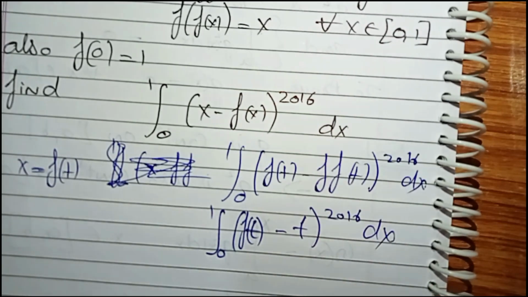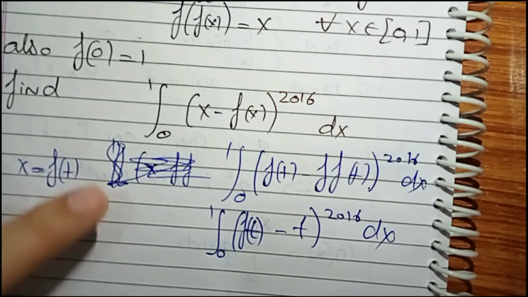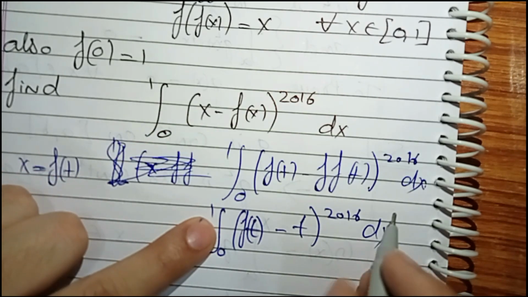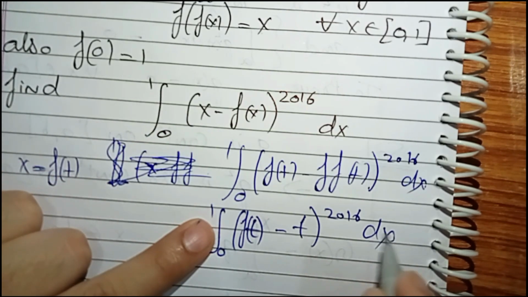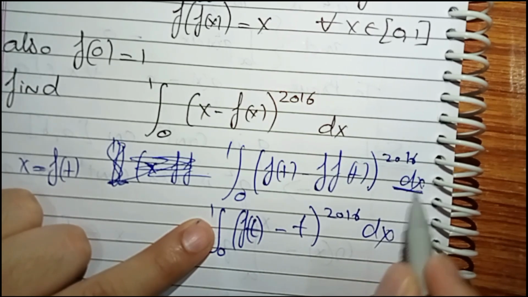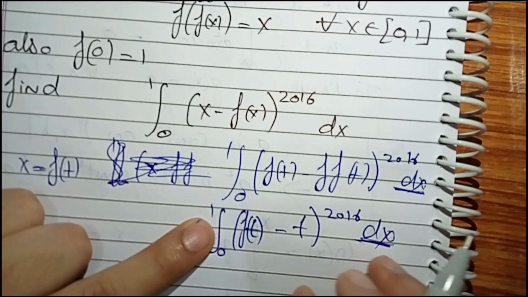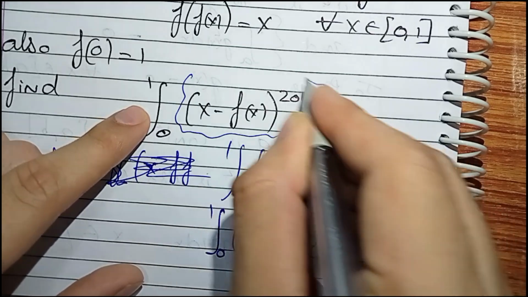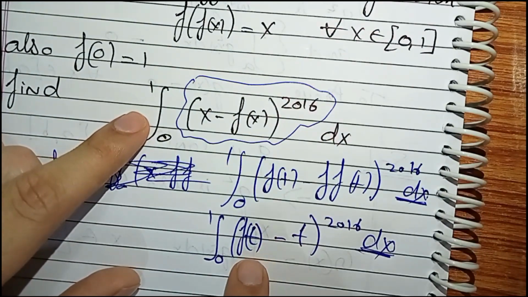2016 dx. So you see my integral has not changed at all. I began with this and I still have this. Well, here I would have something else in place of dx, of course it would be something in terms of t, but this term here, right here, did not change at all. It is the same.